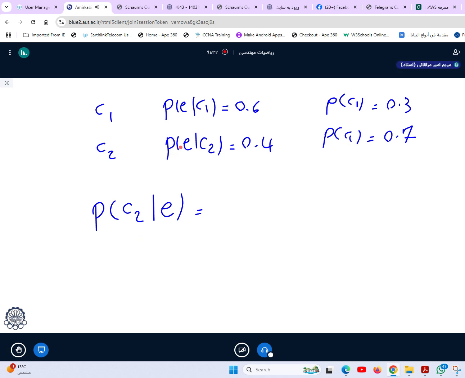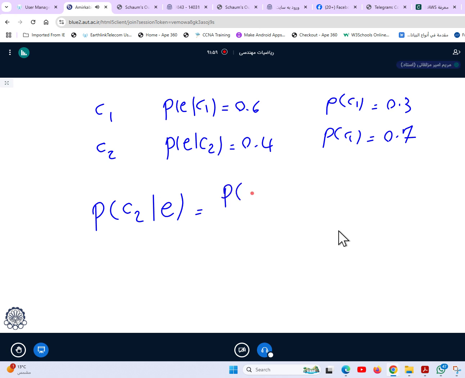We said that if we have the probability of error conditioned on class 2 and we want to switch these two events and get the probability of class 2 given error, we should think of Bayes theorem. And we use Bayes theorem here.